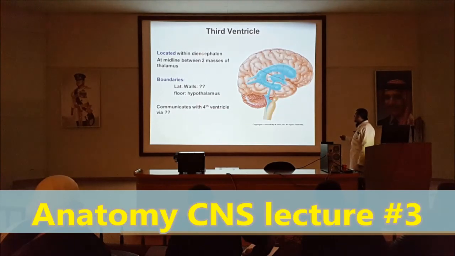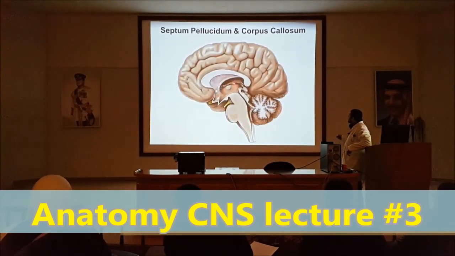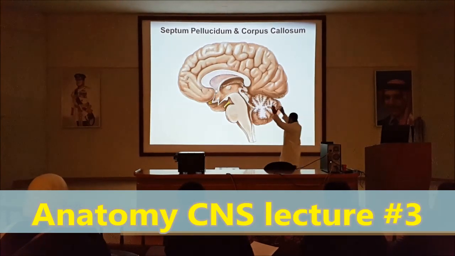Now from the fourth ventricle, okay? So the third ventricle is within the diencephalon, as I told you, at the midline between 2 masses of thalamus, or between the 2 thalami, okay? Its boundaries, what would its lateral walls be? Here we removed the septum pellucidum, by the way. Let me come back to it in a moment. What is its lateral wall, this one? Here is the chamber. This is the chamber of the third ventricle.